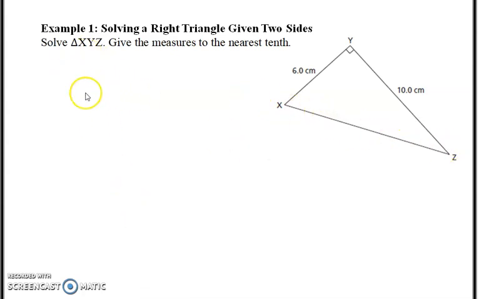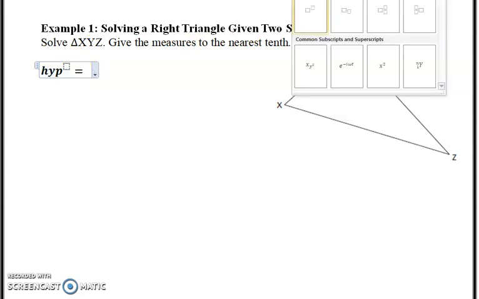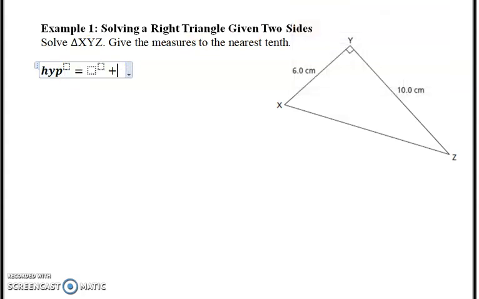So I'm going to insert an equation, and we know the Pythagorean theorem is the hypotenuse squared equal to side squared plus side squared.